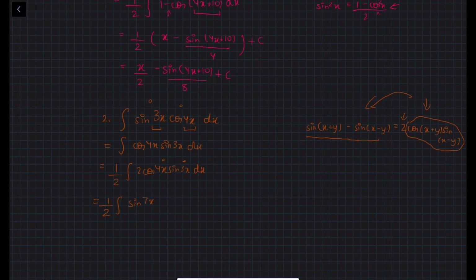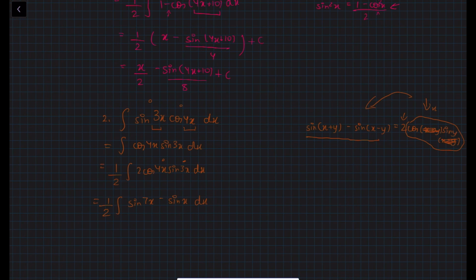So 7x minus sine of x dx. Right. And now, oh, I'm so sorry. I just wrote this wrong. This is not, that's just x and that's just y. And now it's correct. I'm so sorry.